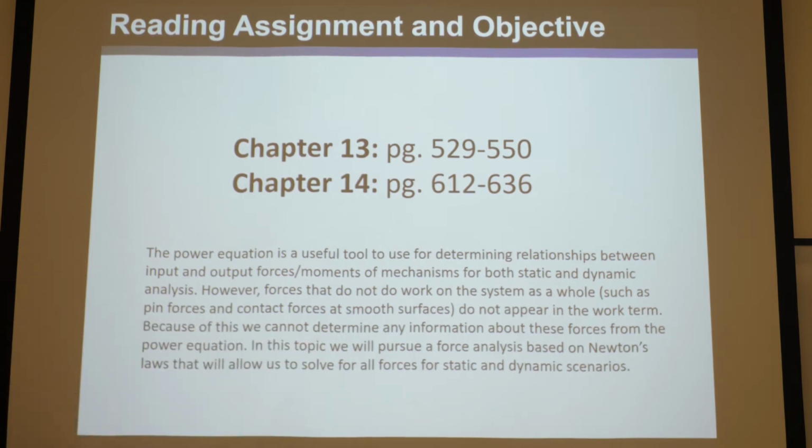And those internal forces, or the internal forces within the beam, if you take a cross-section and measure the forces from stress, those never show up anywhere in the power equations or in any work terms. And so you can't calculate those. You can only calculate external forces.